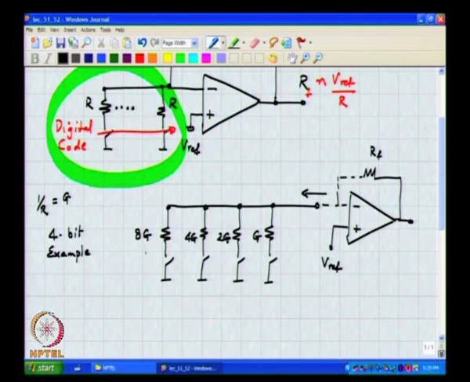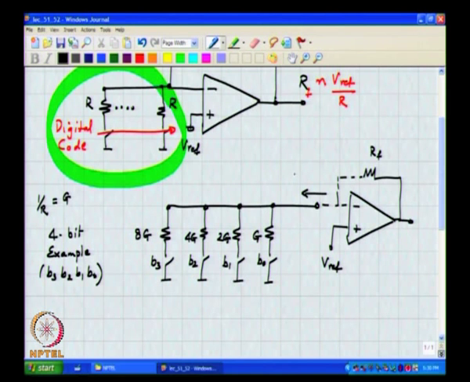The switch on the left is controlled by B3, B2, B1 and B0.